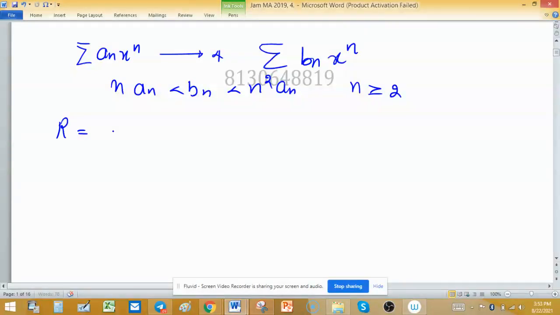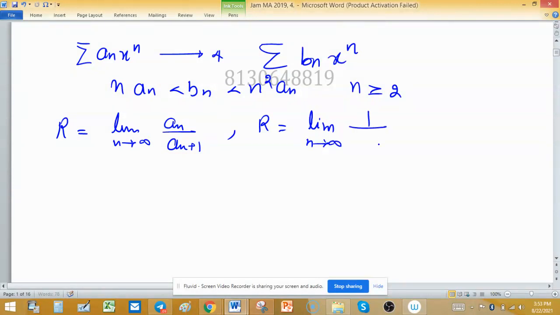Radius of convergence R can be found as limit n tends to infinity a_n upon a_{n+1}; the second one is limit n tends to infinity 1 upon a_n raised to the power 1 upon n; and the third one is R equal to limit superior of 1 upon a_n raised to the power 1 upon n. So these three formulas we can use to find the radius of convergence of this power series.